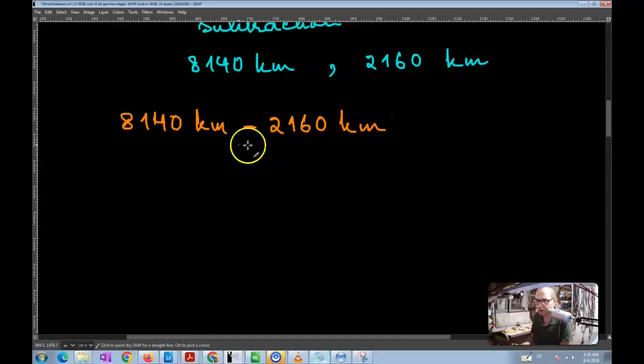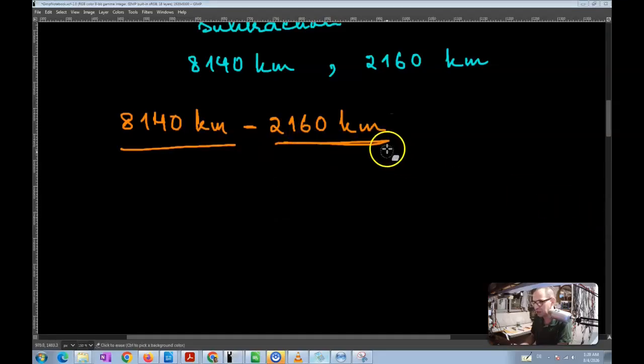So to find the difference between two distances, you always need to start from the larger distance and then subtract the smaller distance from it. Later on, when we learn negative numbers, this becomes more clear.